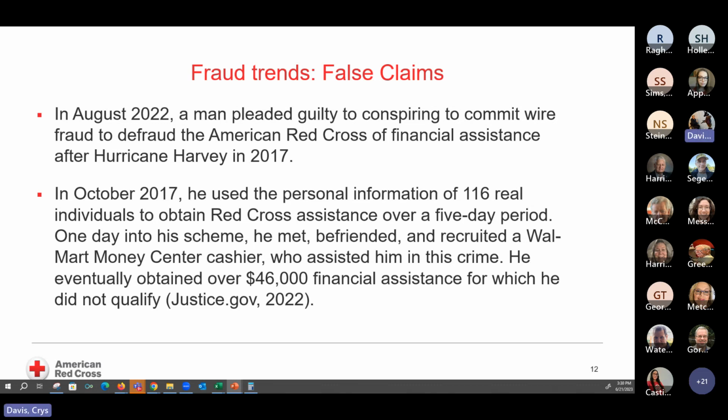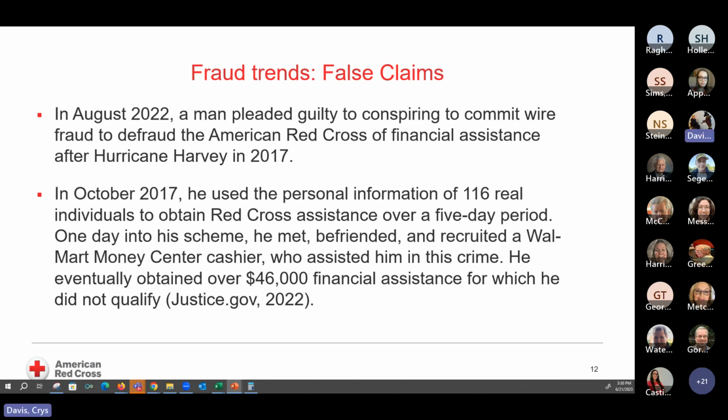Why are you here again? We also had instances of the real disaster affected people going, hey, wait a minute. What do you mean? I didn't get money from you. What are you talking about? So it's kind of a constellation of things.